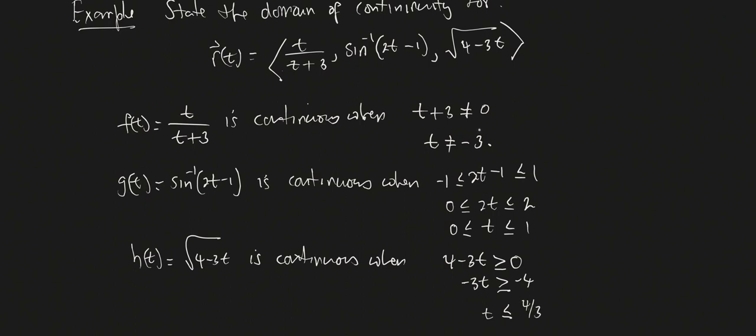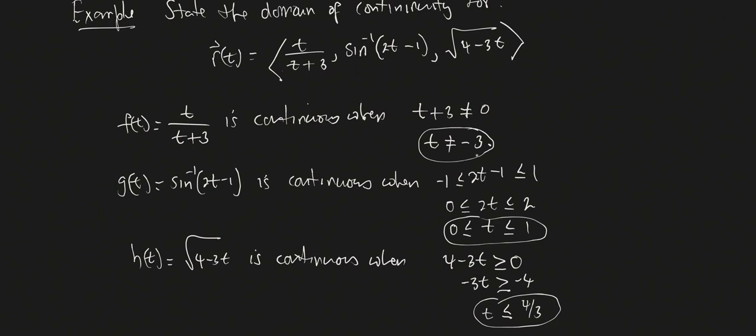So we basically have to write down the set that satisfies all three inequalities, right? So t not equal to -3, that's already satisfied by this, right? And also t less than or equal to 4/3, that's also satisfied by this.